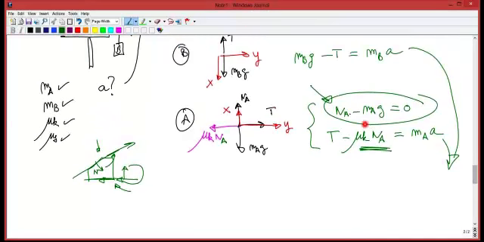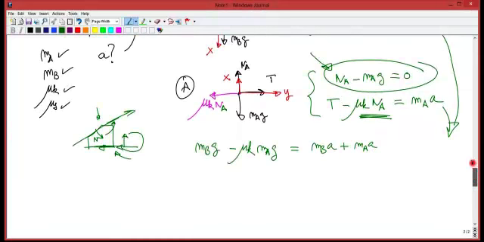So obviously we want to solve for NA, substitute it in there, and then add them up again. So mBg minus T plus T minus mu k NA, and NA is mAg, and this is equal to mBa plus mAa. So really, just algebra, just one more term.